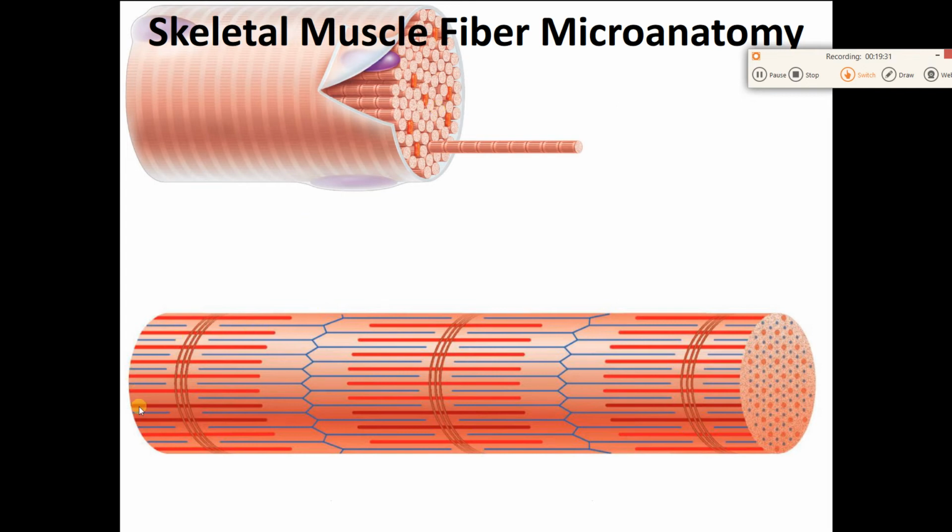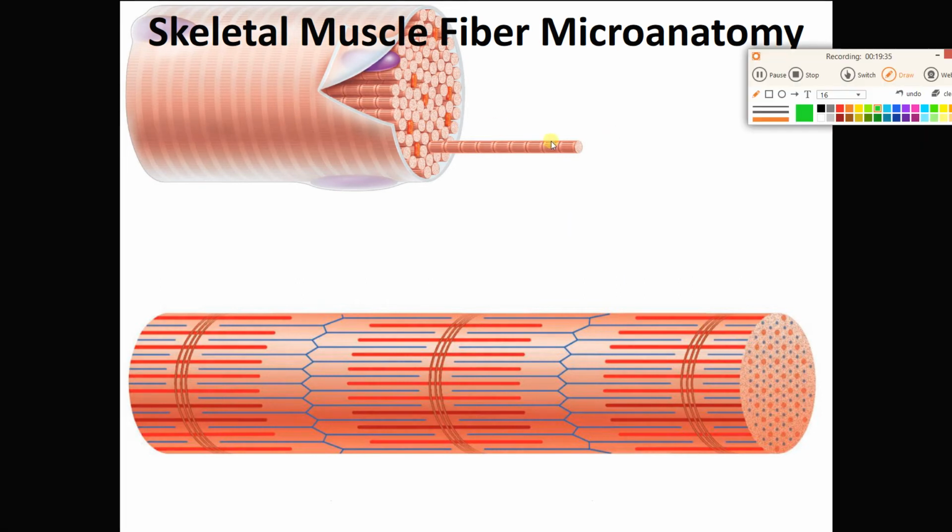And we've got one myofibril down here that we've expanded. So it's like we took this guy right here, chopped him out, expanded him, put him right here. Now, what I want you to notice are the blue and red things. These skinny blue lines right here, all the skinny blue lines are made of the contractile protein actin.